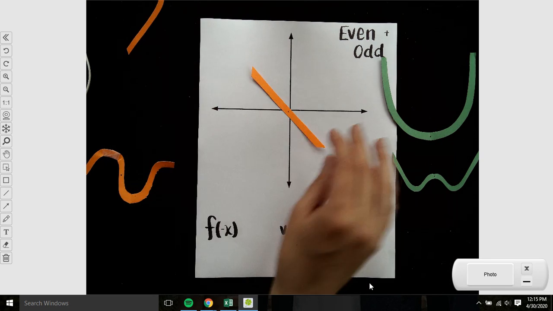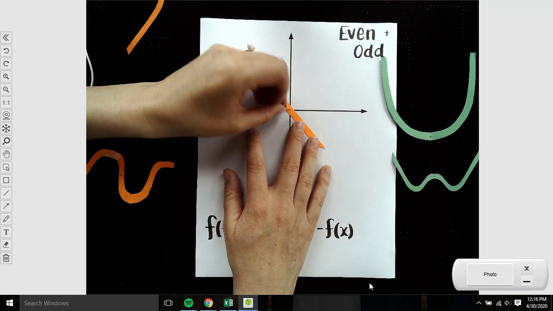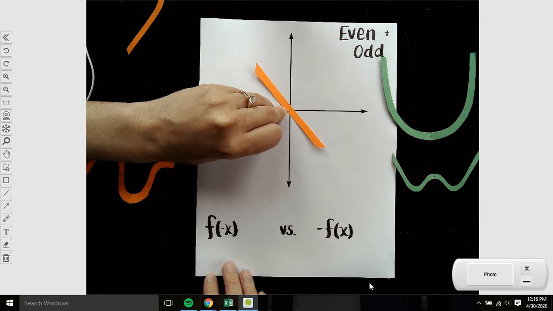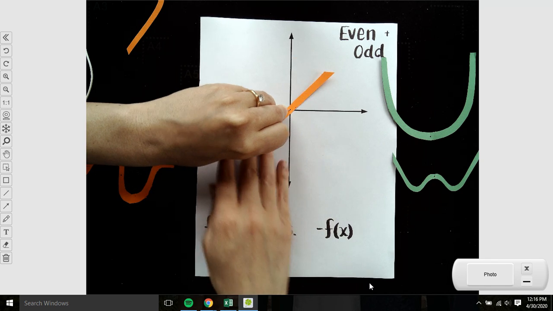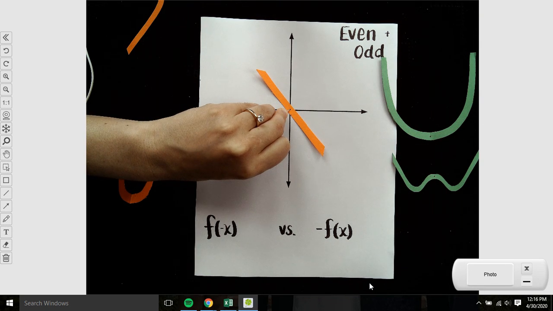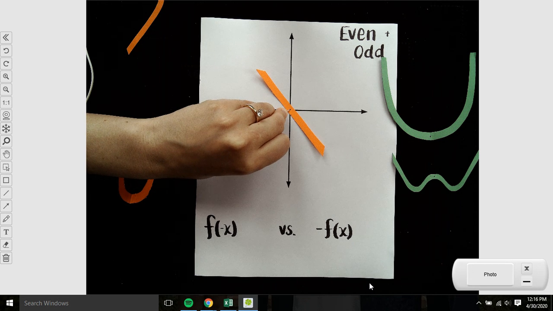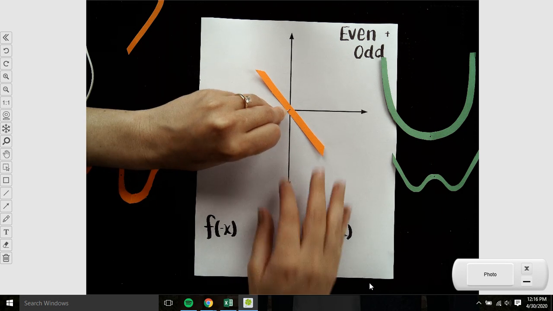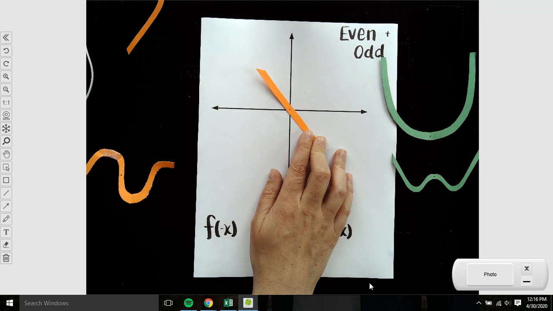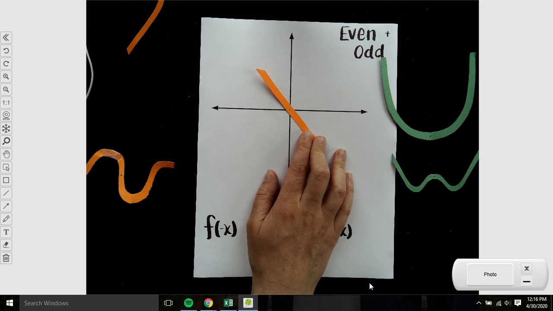This one's a little bit more basic. If I put my center point at the origin and I rotate it around the origin 180 degrees, same line. So that's an odd function. These are both odd functions. Here's the difference. Before, in the even functions, it only mattered if the center point was on the y-axis.